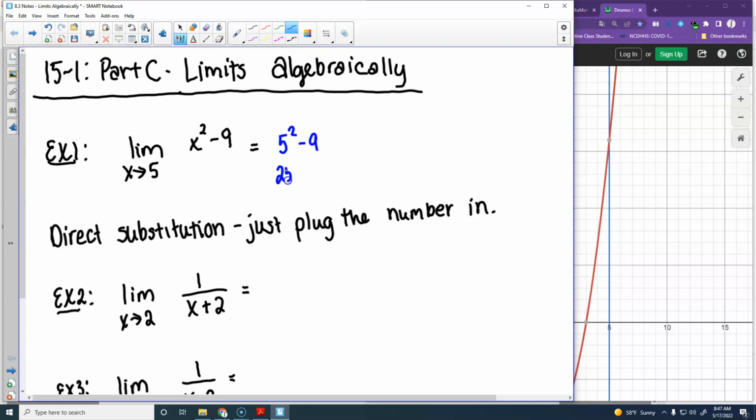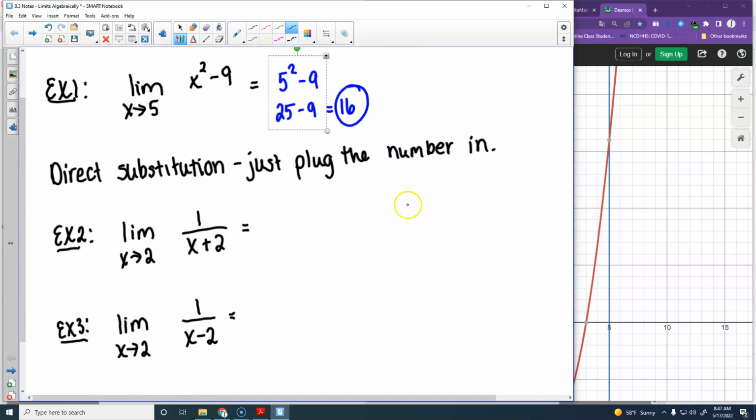That would give me 25 minus 9, which is going to give me 16, which is what I saw on the graph as well, right? Because what we see here should also match up on the graph. So this method is called direct substitution. So if you can just plug in a number and get an answer, then that is your answer, right? So that's the first thing you want to try every single time.